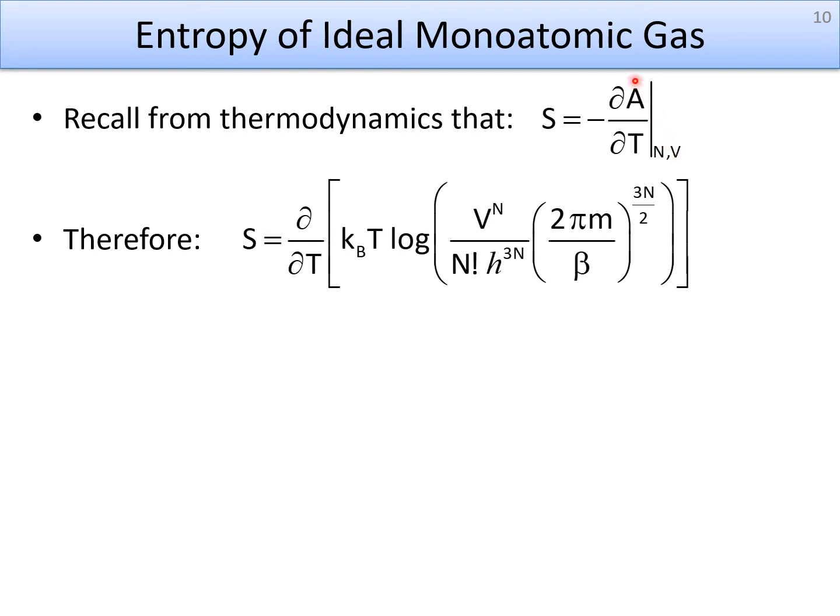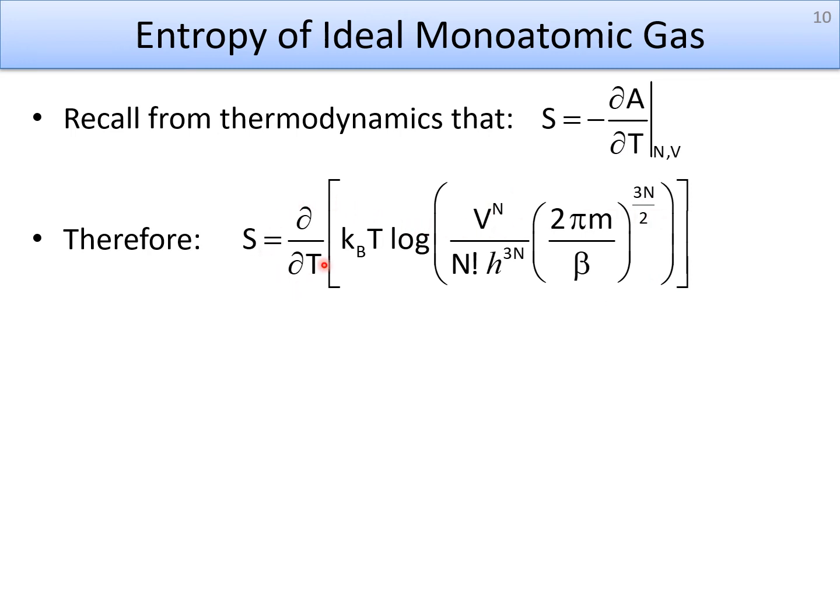Therefore, if we also recall that the Helmholtz free energy in the canonical ensemble is equal to minus kBT times the log of the partition function, we can arrive at this relation. So the minus I just mentioned, with this minus, gives me a plus, and here I have kBT times log of the partition function of the ideal monatomic gas in the canonical ensemble.